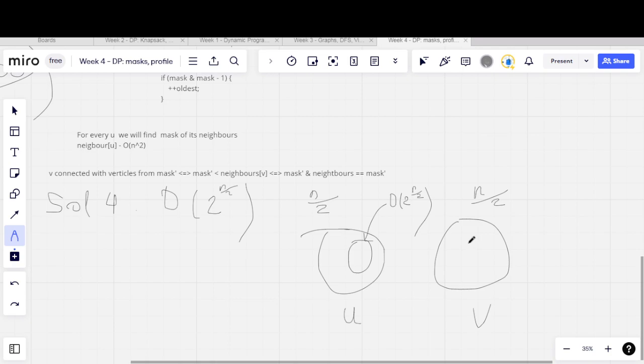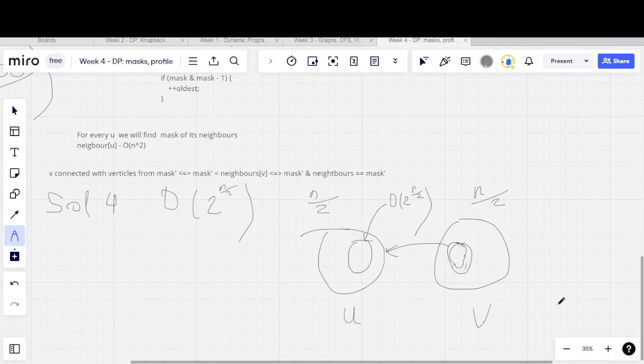In one dp we calculate the mask of V verticals, where every vertical in this mask is connected with every vertical in U. And then we try to take a submask and find the submask that is a clique, that is the maximum clique in this graph, in this mask.